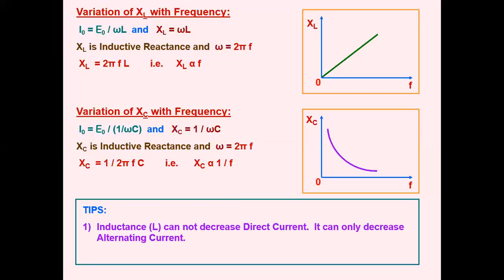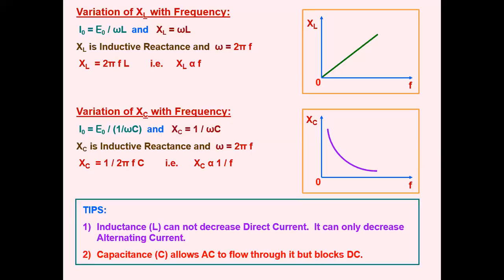On the other hand, capacitance allows the alternating current to flow through it, but blocks DC, because a capacitor offers infinite resistance to DC, but finite resistance to AC. That's why if you design a filter circuit to filter out AC and DC, you can use a circuit connected with a capacitor. The capacitor will allow AC to pass, but will block the DC.